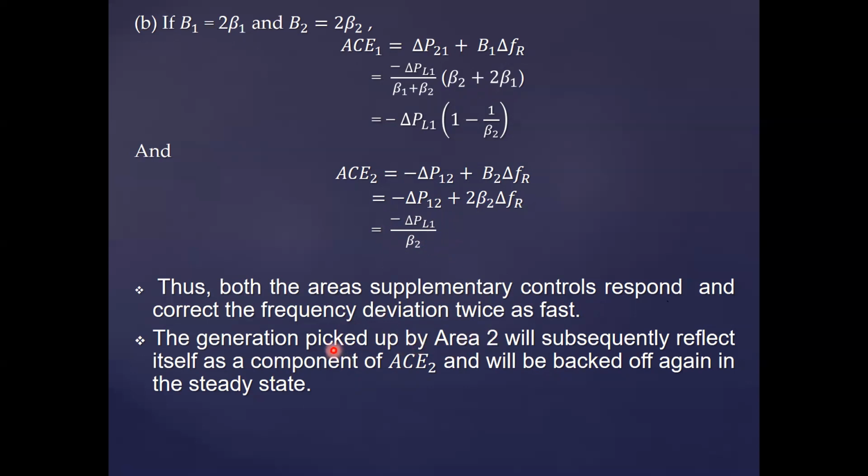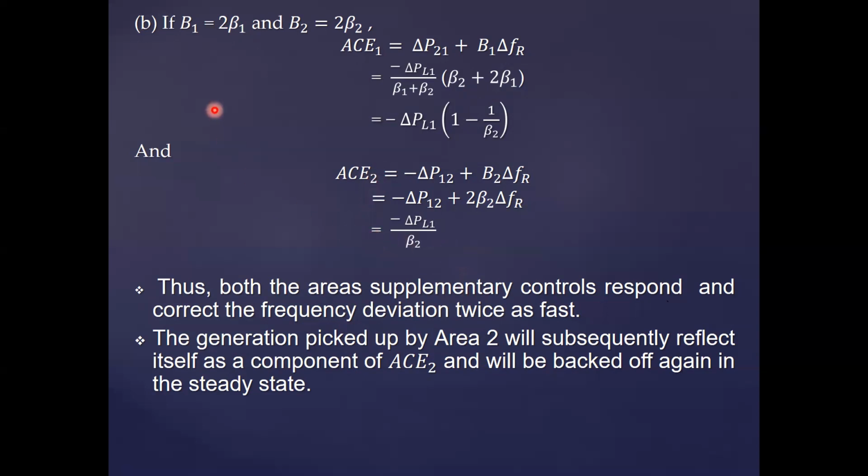But one more point to observe, that there will be a generation response in area 2, because here you have area control error in area 2, so it will be based on this quantity. So thus there is some response because of the supplementary control loop in area 2.